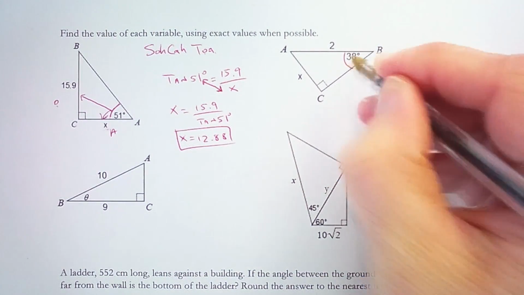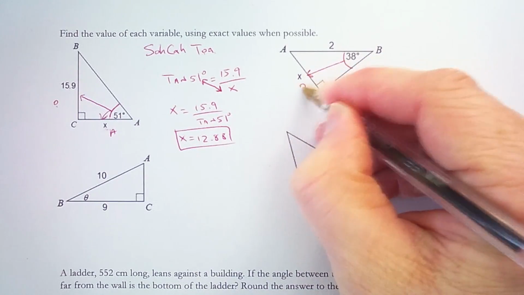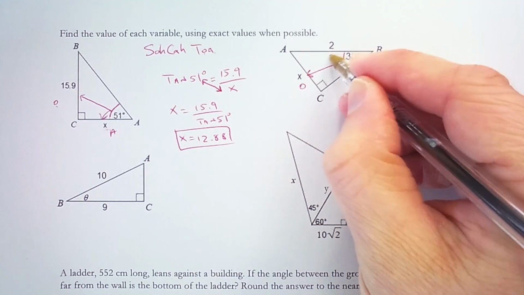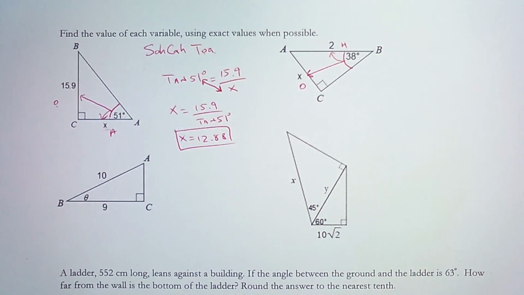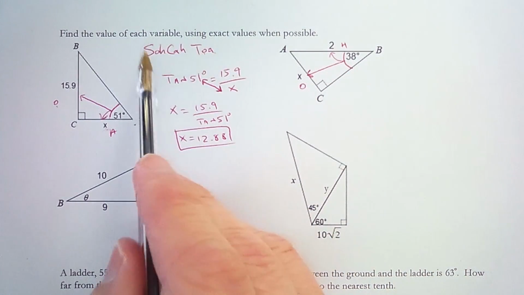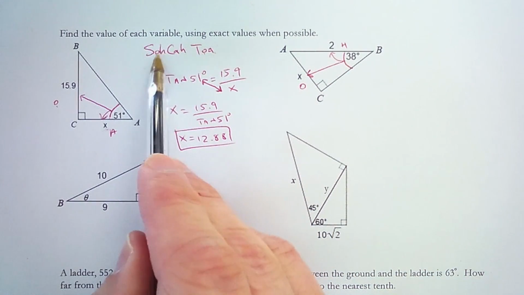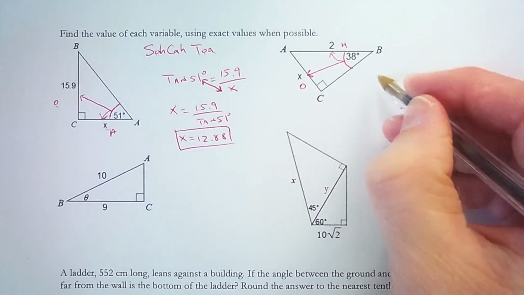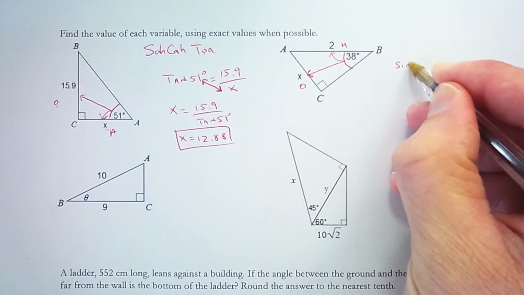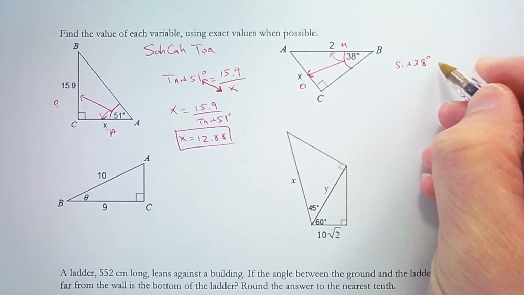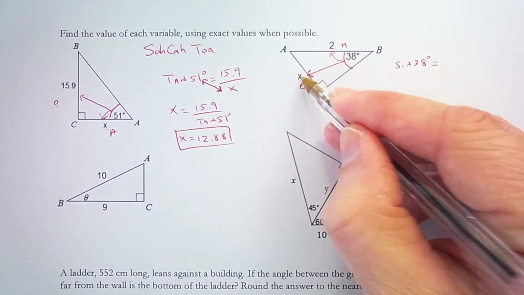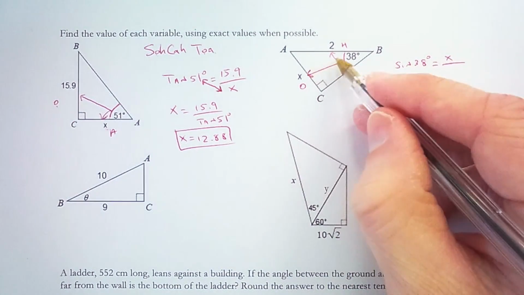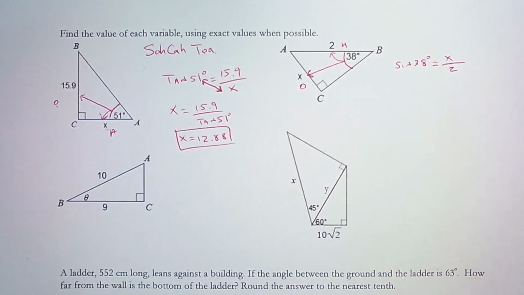Here's my angle. Across the triangle, I have the opposite leg, and here I have the hypotenuse. Opposite leg and hypotenuse right here, O and H. That means I'm using sine. Sine 38 degrees equals the opposite leg, x, over the hypotenuse, 2.